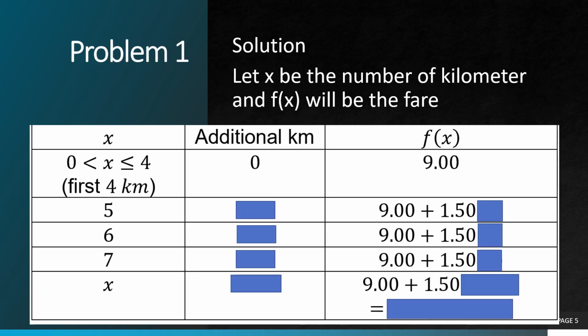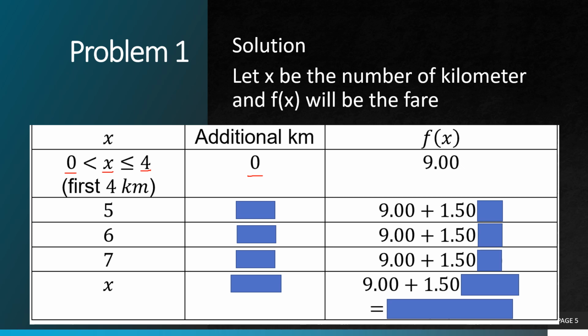So I have here a table. Let x be the number of kilometers and f of x will be the fare. If we take a look at the table, we have here the kilometer is greater than 0 but less than or equal to 4. There are no additional kilometers because there will only be an additional kilometer if it is beyond 4.